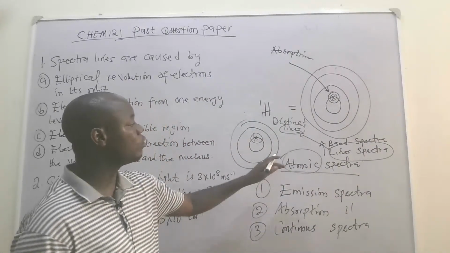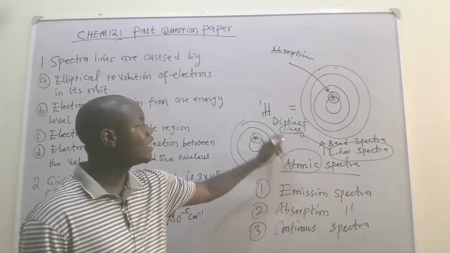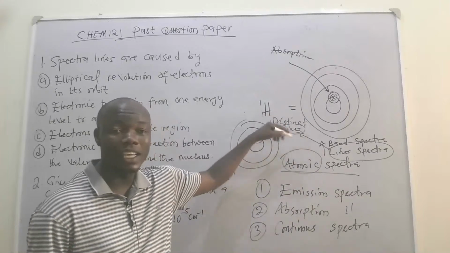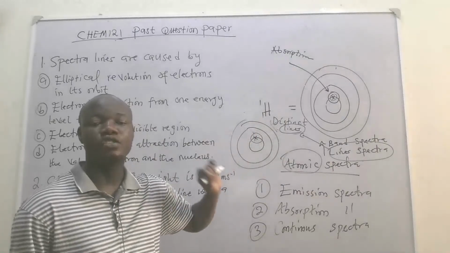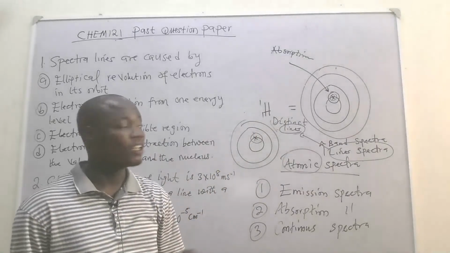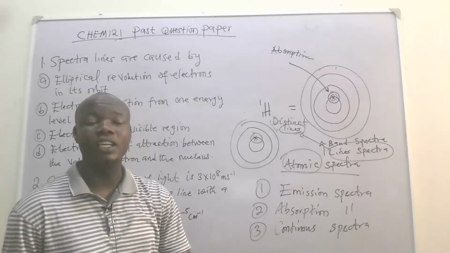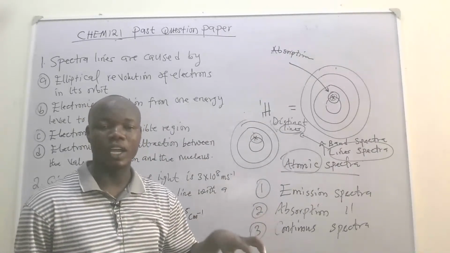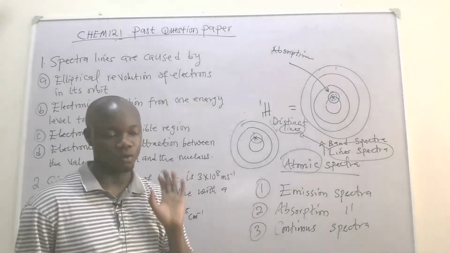So line spectra is one of the characteristics of atomic spectra, characterized by distinct lines, and each of those lines represents a specific wavelength. That is why, ladies and gentlemen, each and every atom has its own spectral lines, and that is why it is used in characterization and identification of a particular element.